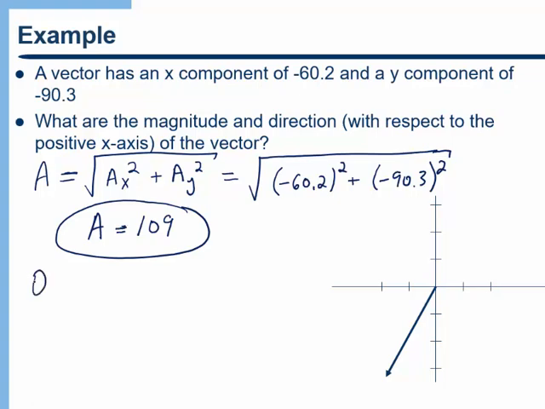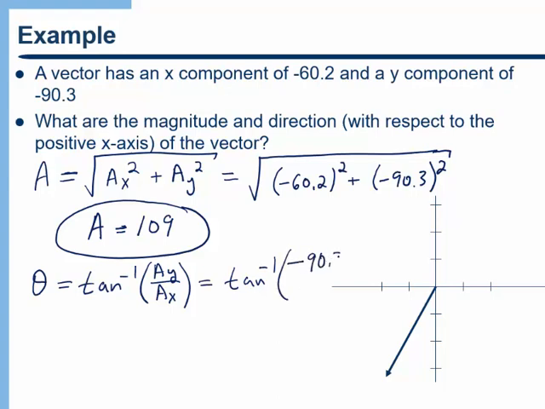If I do the inverse tangent to find the angle, the inverse tangent of ay over ax, so that's the inverse tangent of negative 90.3 divided by negative 60.2. Notice that this is a situation where we're in the third quadrant. The angle that I got when I calculated that was 56.3. But what I have to remember is that what inverse tangent did was it found this angle.